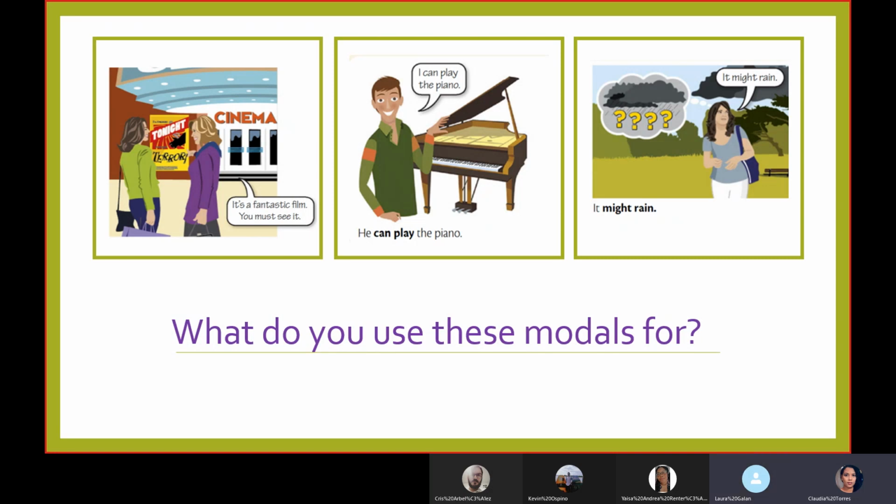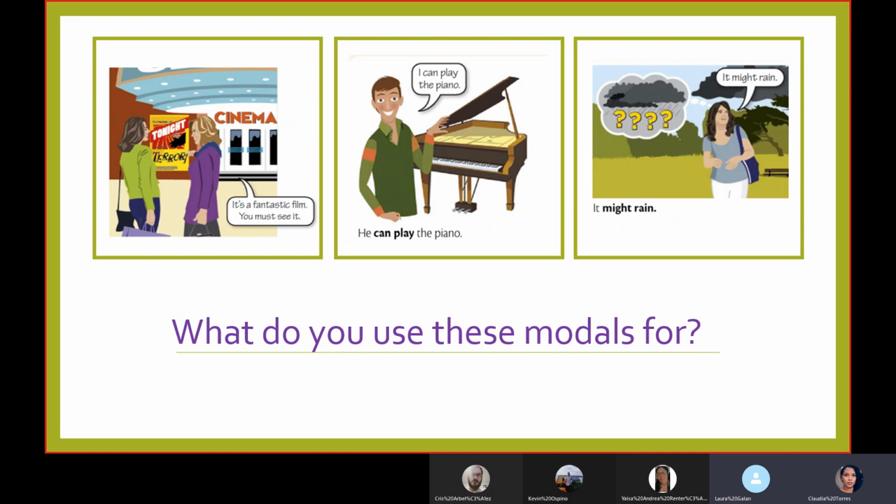And in the second picture, there is a guy. He is telling about an ability he has. That's why he uses can. Yeah, that's correct. It's an ability, it's a skill, it's something that you can do, right?